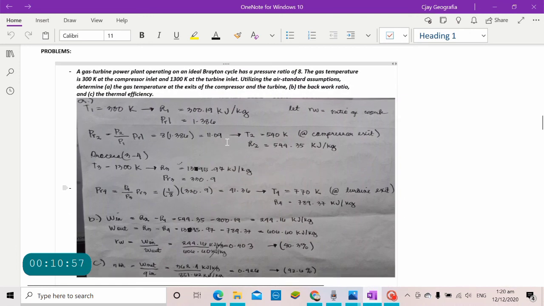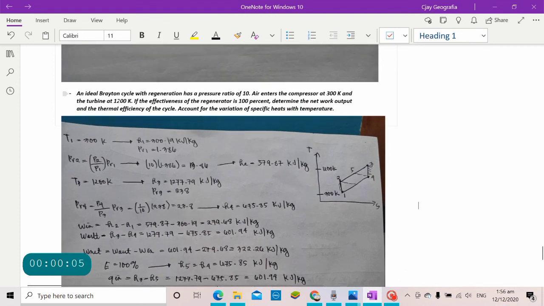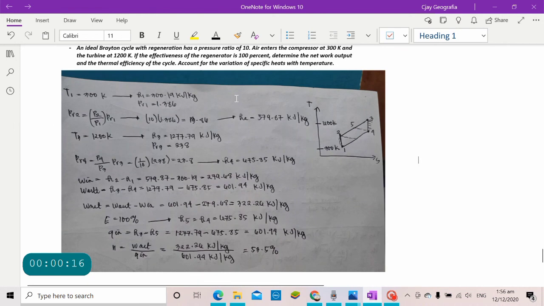You can then convert this to temperature by finding the equivalent value in the ideal gas properties of air. A pressure ratio of 11.09 is equivalent to T2 equal to 540 K, and H2 is equal to 544.35.